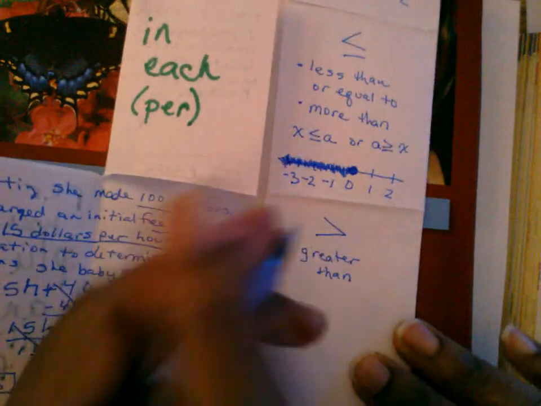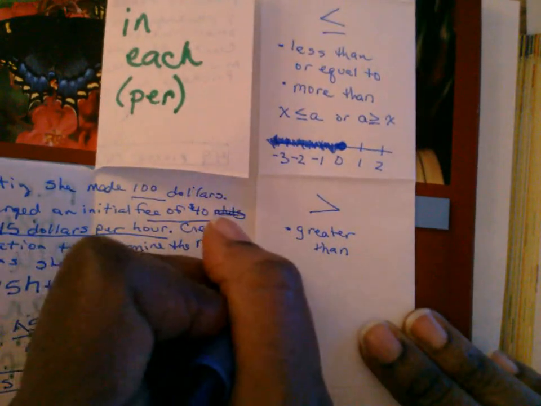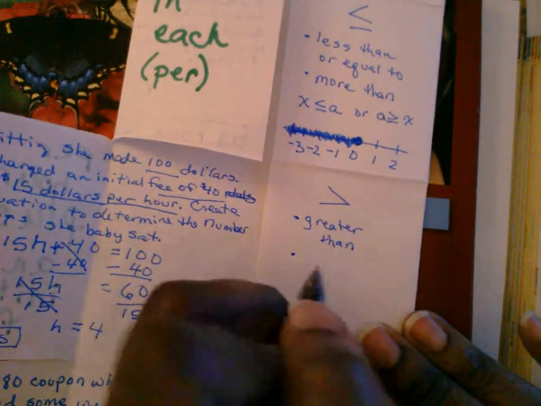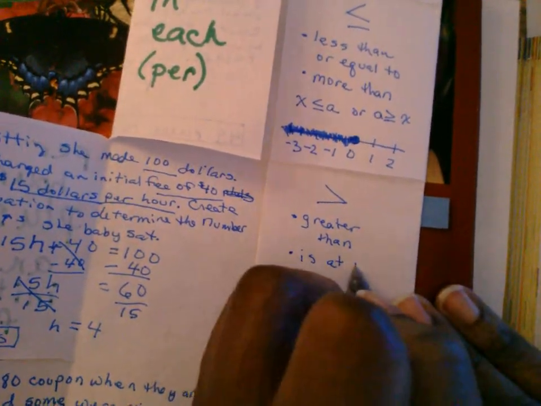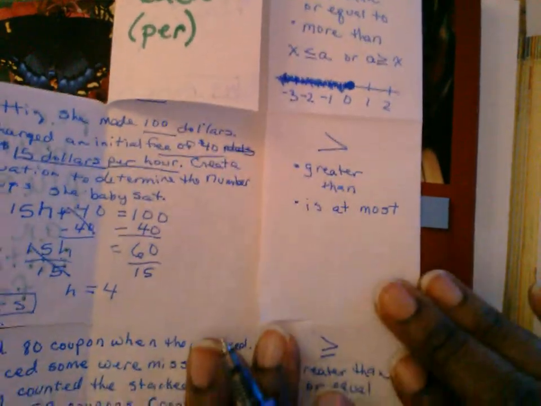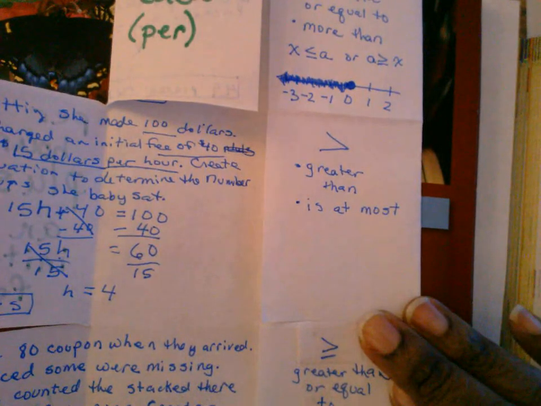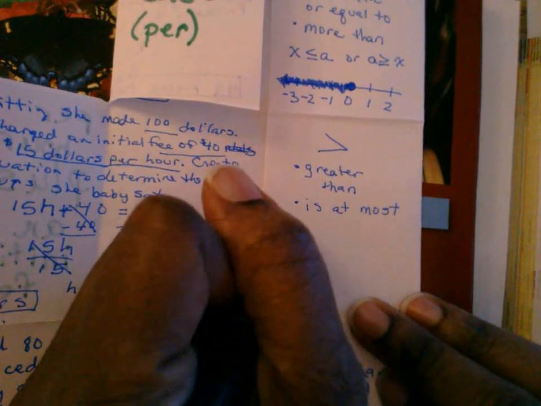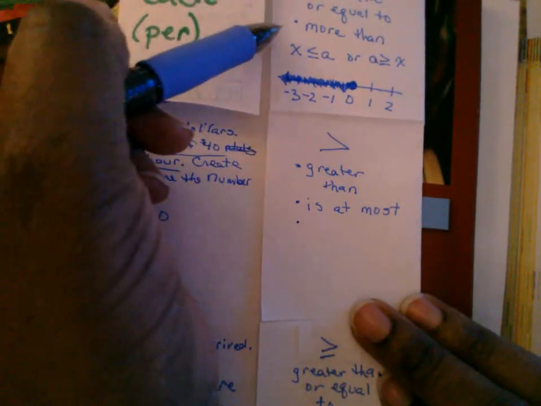Greater than. You can say greater than. You can also say is at most, or more than. No, more than is less than or equal to.